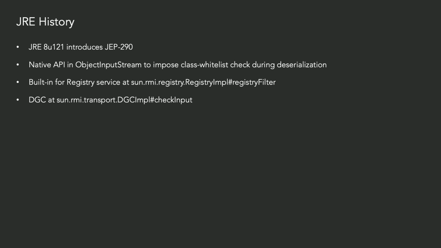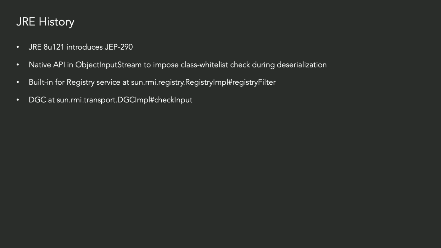For those of you who don't know, ObjectInputStream is the class commonly used to invoke readObject on, which is what triggers the deserialization. So it introduced a native API to impose a class whitelist check during deserialization.